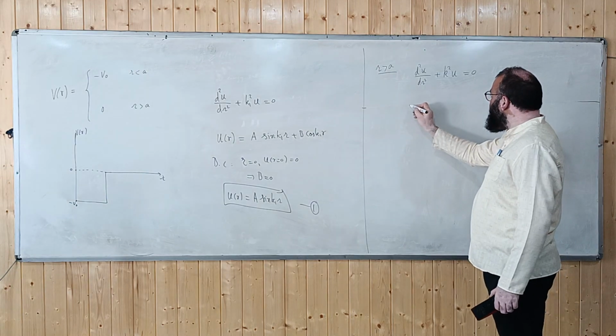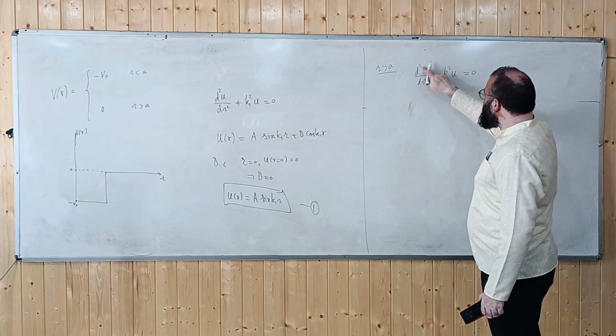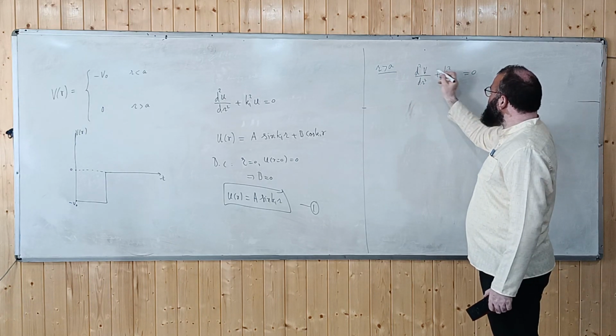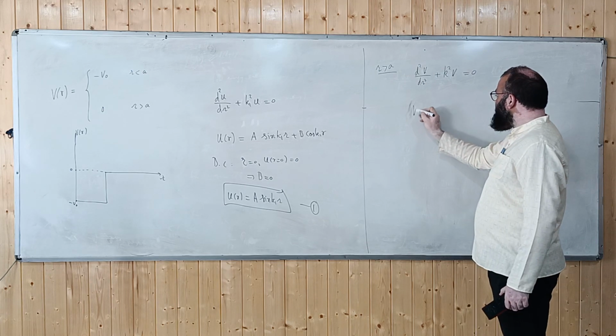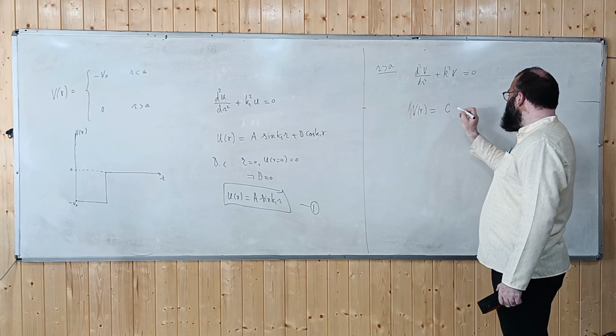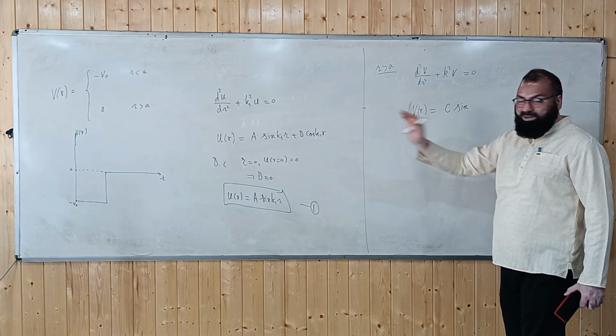Now the solution you can write simply as, let me write the solution as v, to differentiate between u and v. So I'll write v of r is equal to, let's say, c sine of kr, the same thing because you are having the same equation.